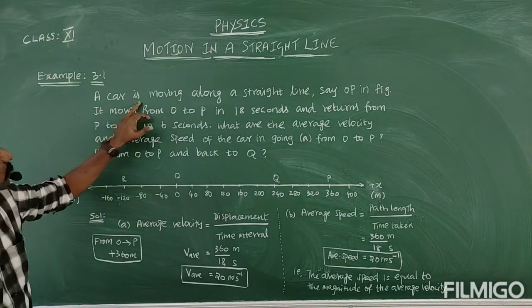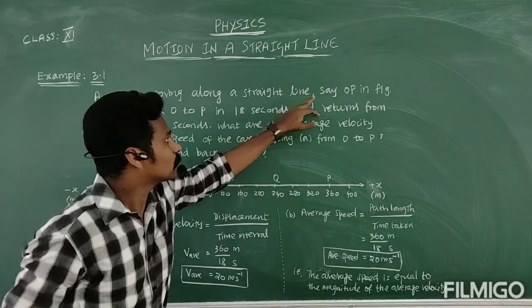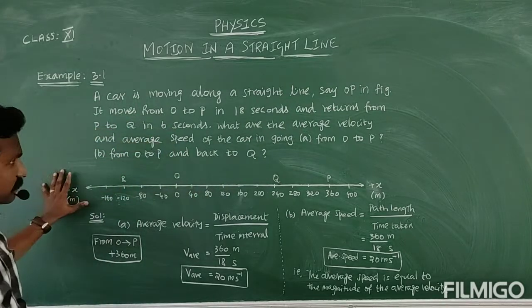A car is moving along a straight line, say OP in the figure. One diagram is given in the book.